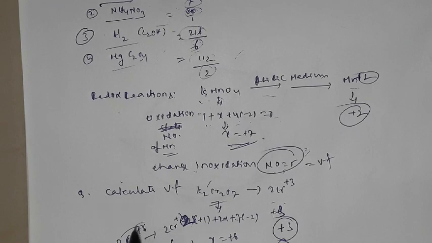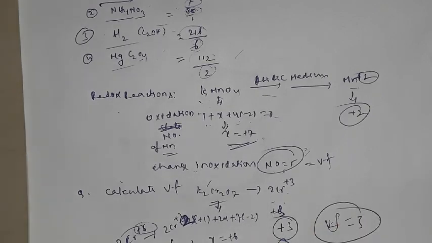For 1 Cr it is plus 6 going to plus 3, so the change in electrons is 3. So the valence factor is 3 only. Okay.